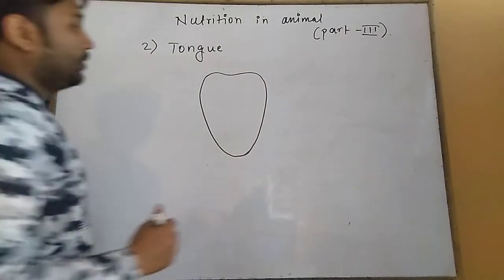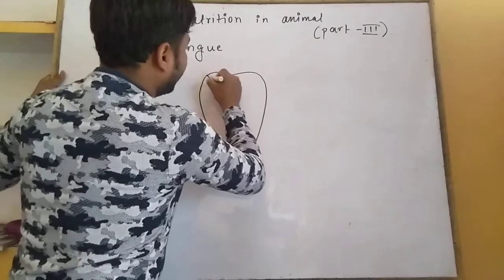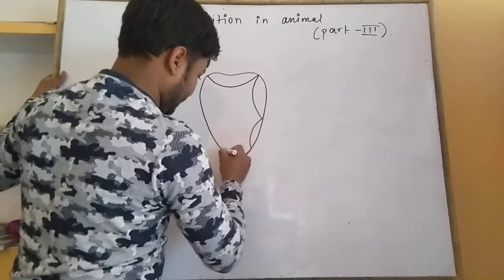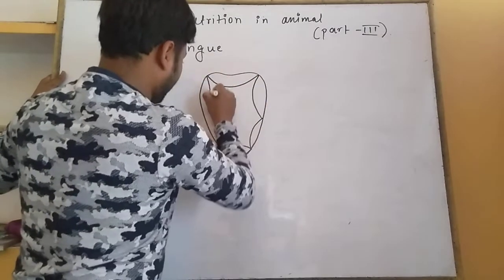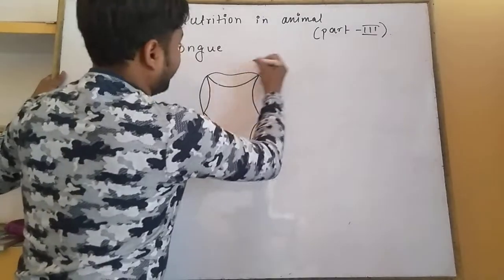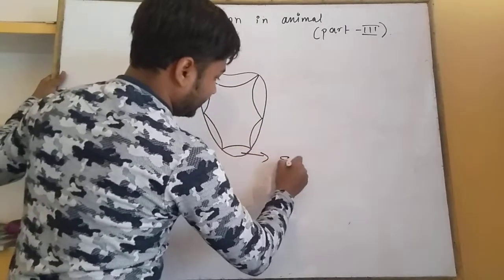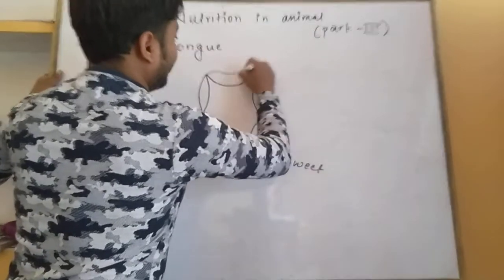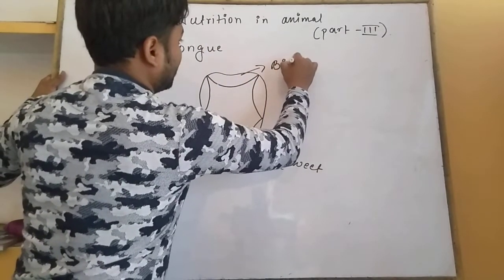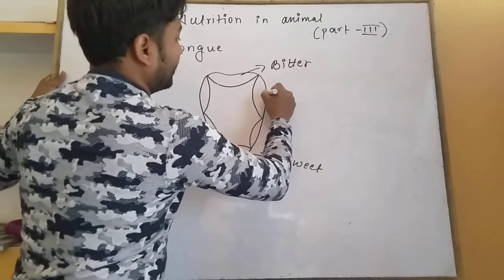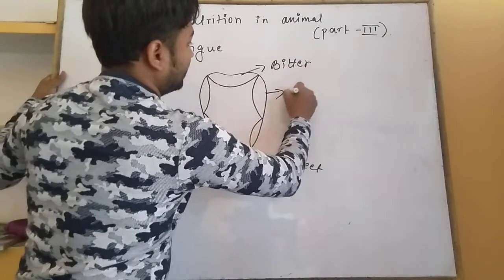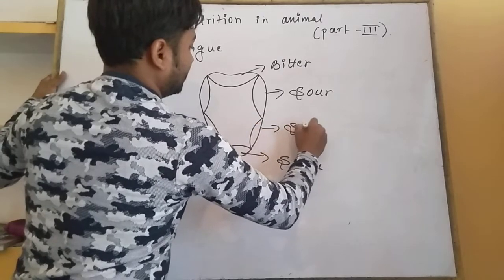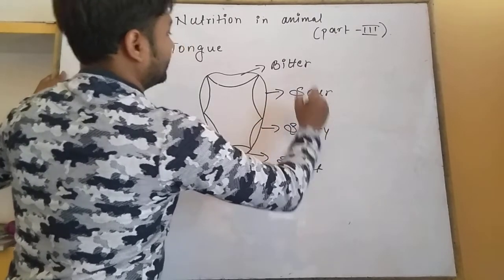This is the structure of the tongue, having their different taste word. This is sweet, bitter, sour, salty.